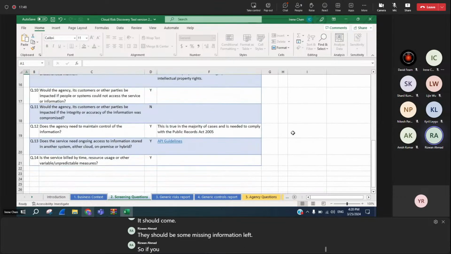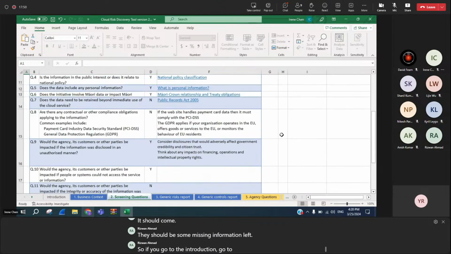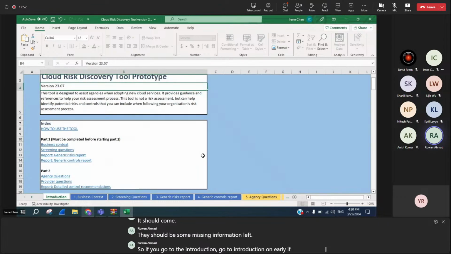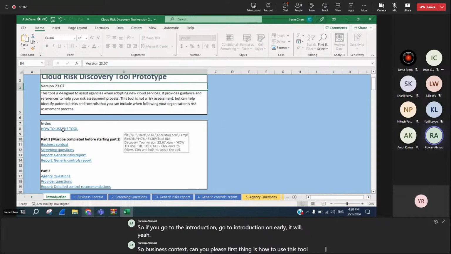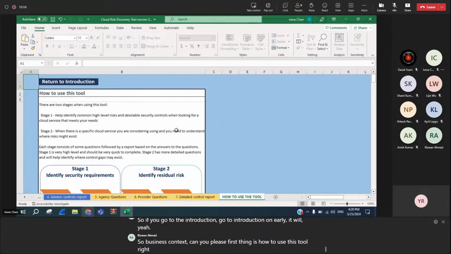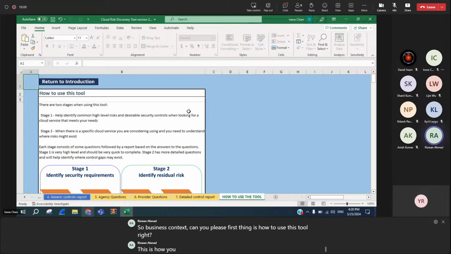If you go to the introduction on the left, there is the business context. The first thing is how to use this tool. This is how you do it.